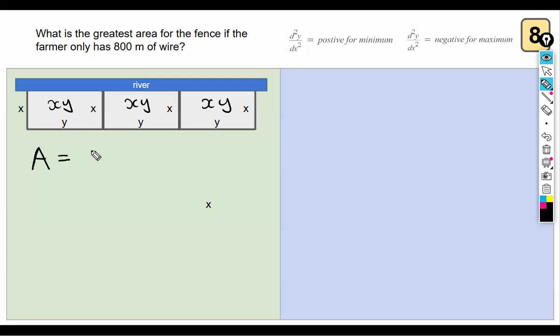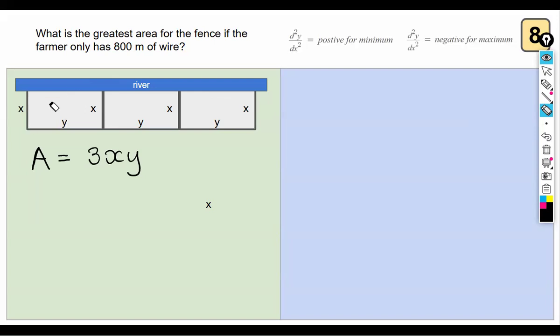So the area of this scenario is 3xy. Does everyone agree with that, at least? It's just length by breadth 3 times. All right, good. Erase this.